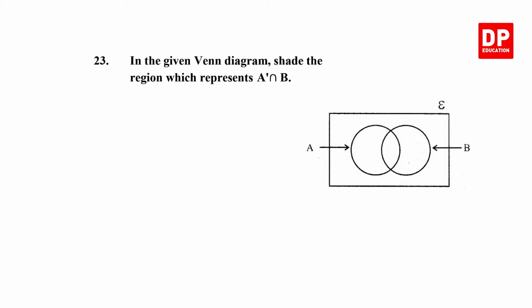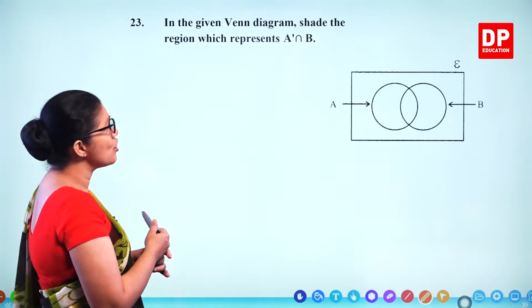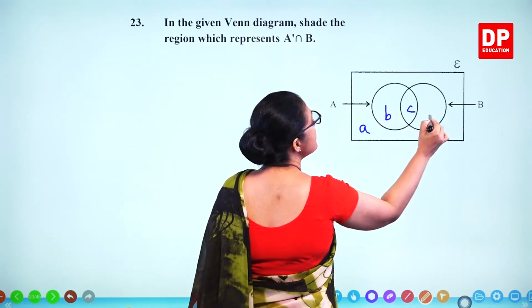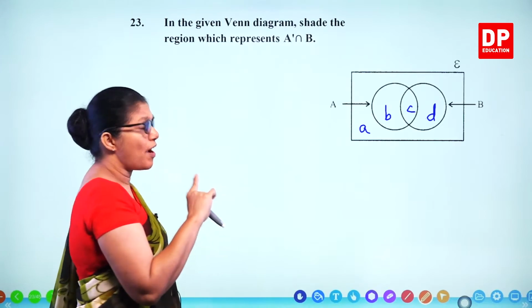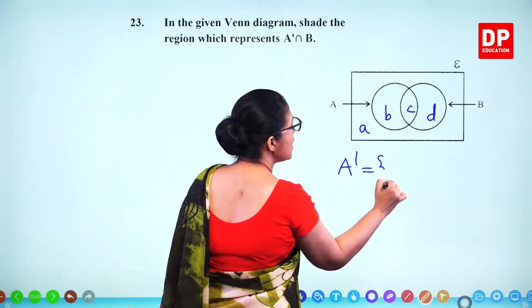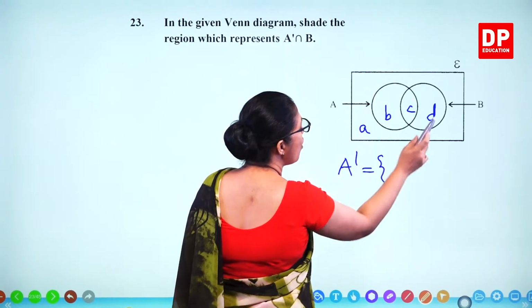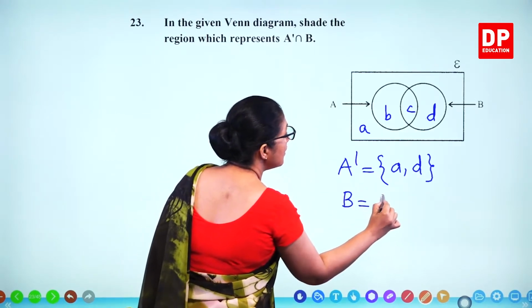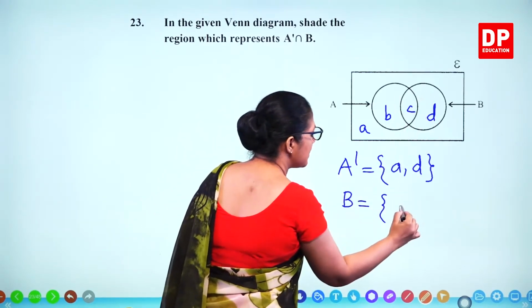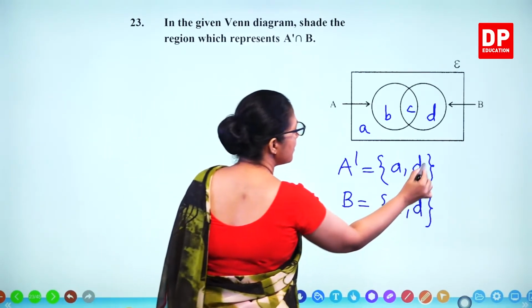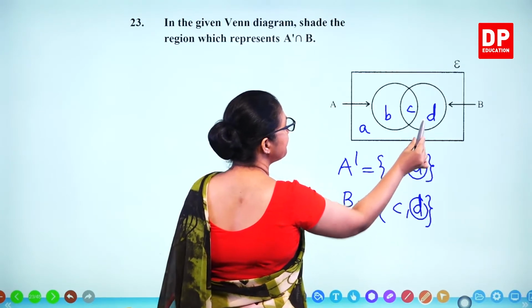Question number 23. In the given Venn diagram, shade the region which represents A dash intersection B. So if you are not able to identify at once, just write A, B, C, D. Then think about A dash. What's A dash? Close A and write down all the other elements, C and D. What is B? B means inside the B circle, C and D. What's common? Intersection means common. Only D is common.